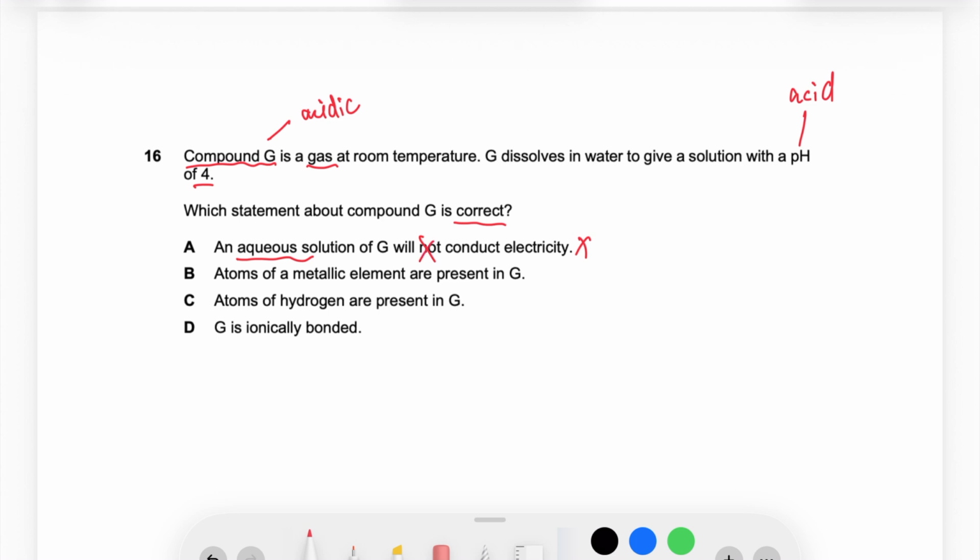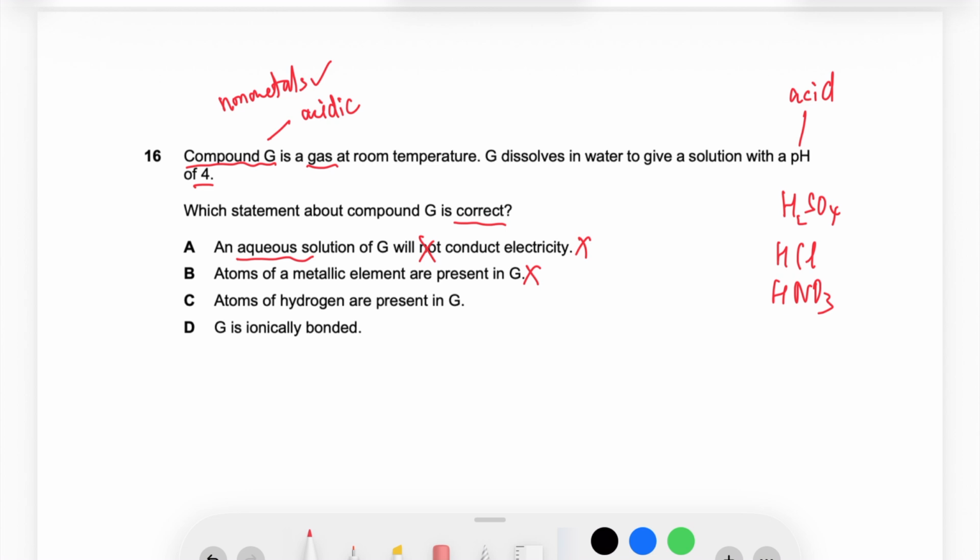Atoms of metallic element are present in G. No, because it's acidic, most likely it's a non-metal, because non-metals give acids, like for example H2SO4, HCl, or HNO3.